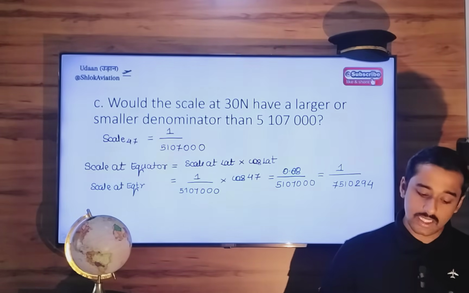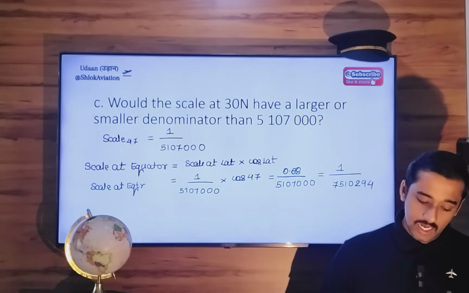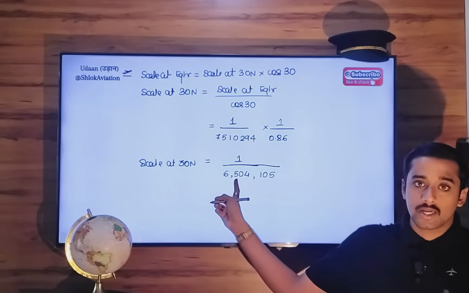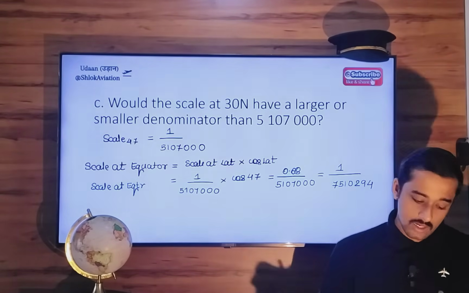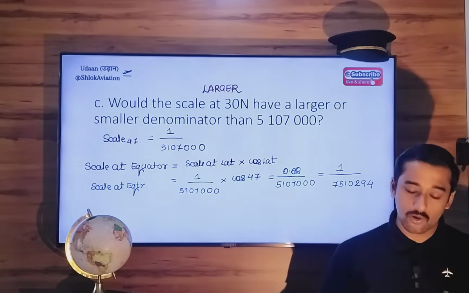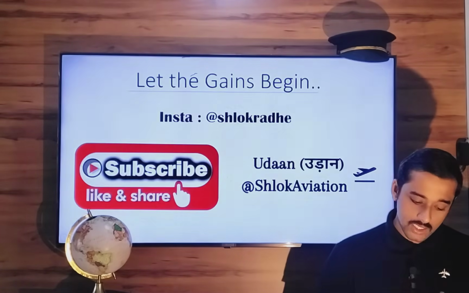So would the scale at 30 north have a larger or a smaller denominator? So scale at 30 north, as you can see, has a larger denominator 65, which is much more than 51 lakh. So it would have larger denominator than scale at 47 degree north latitude. So this is how you do the sum.